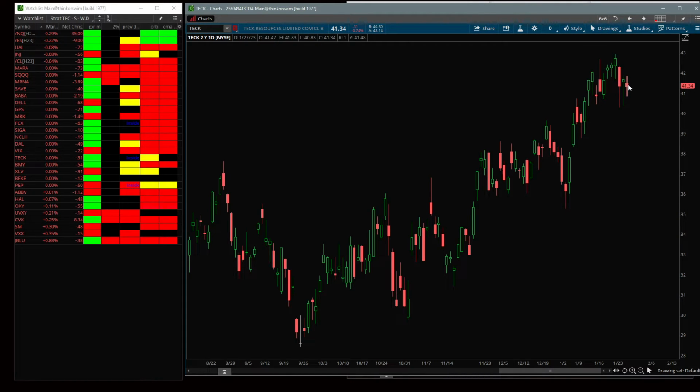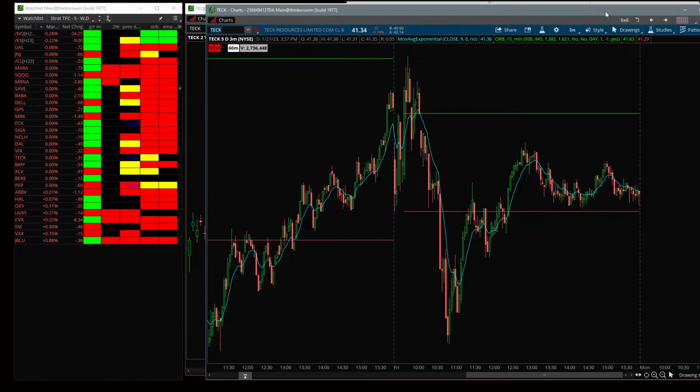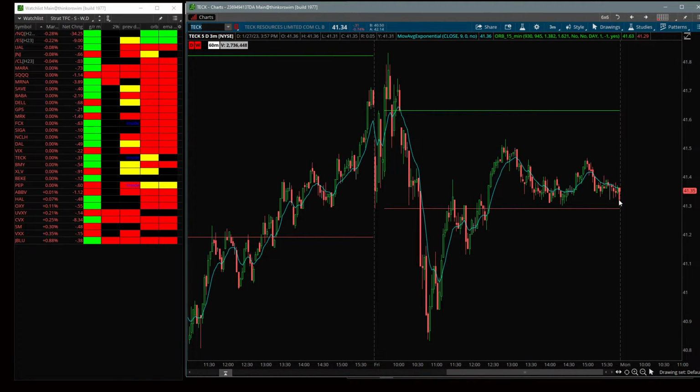But so we had an inside day here. It did break above, but then it didn't really do anything, came back down. The previous day was inside as well. And then we were yellow on the orb, so kind of getting close to that orb, but the 9 EMA was black. Okay, so that's what that looks like.